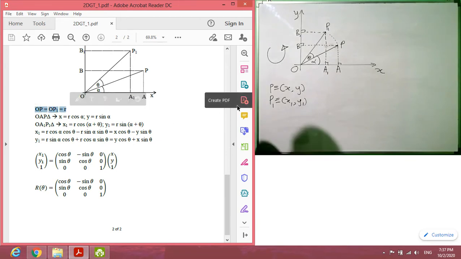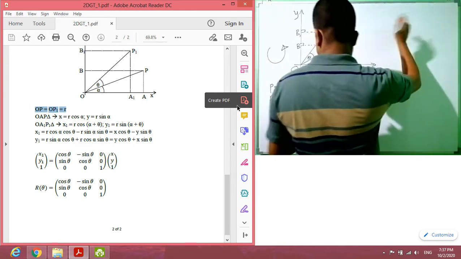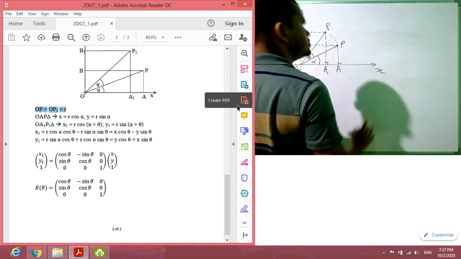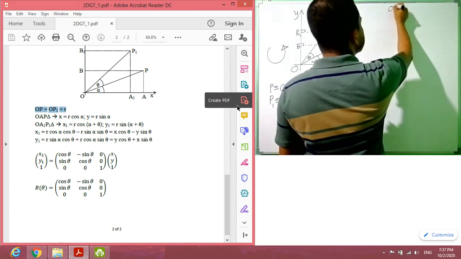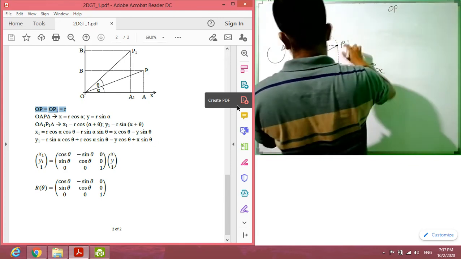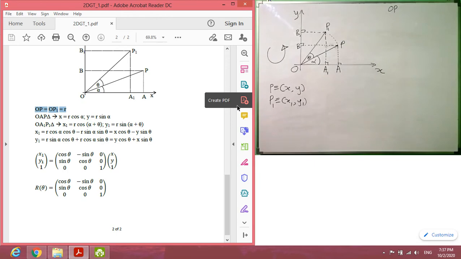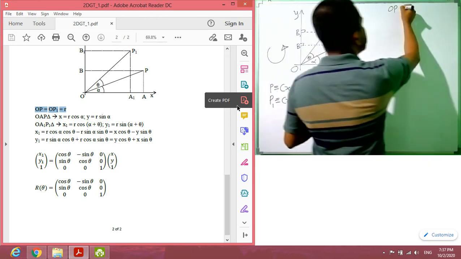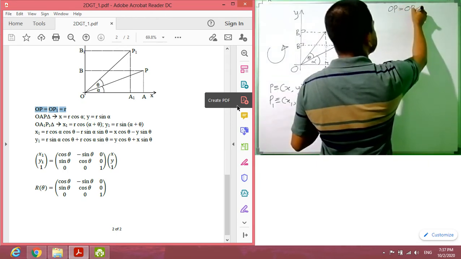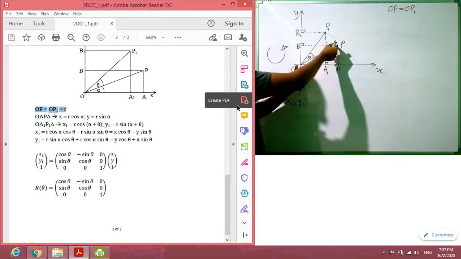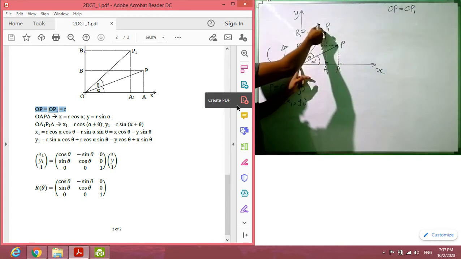Then we know OP equals OP1, because here it rotates around the origin.